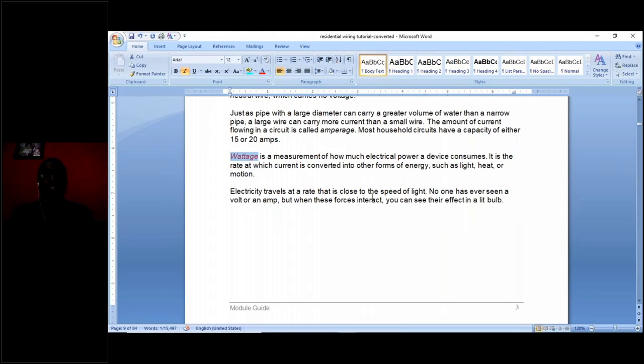You understand? The watt rating of probably your microwave or your TV, they are different. It is the amount of electrical power your device consumes.